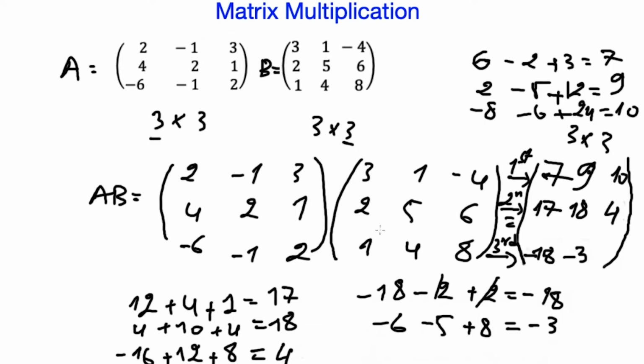And this row times this column gets 24, minus 1 times 6 is minus 6, 2 times 8 is 16, plus 16, so we have 10 plus 6, 34, so here we have 34.